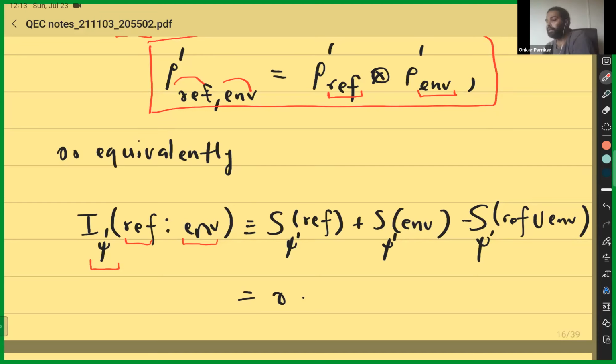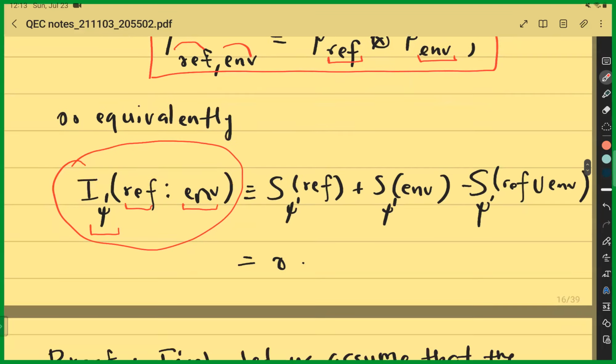But I also find it much more useful, because it tells you what to compute. You compute one number, namely this particular mutual information, and if that number is 0, then you're guaranteed that the error channel can be recovered, or the quantum error correcting code will protect against the action of that particular error.